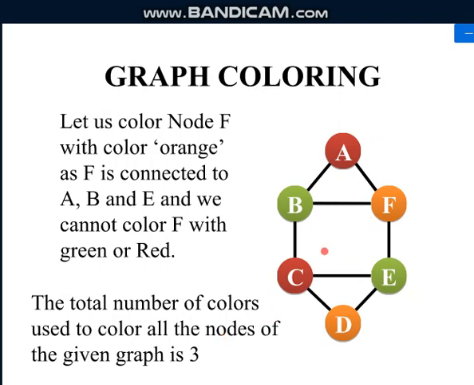Now all the nodes are colored, and if you look at this graph, none of the adjacent nodes have the same color. The intention is to color all the vertices with the minimum number of colors, and the constraint is you cannot have the same color for adjacent nodes.